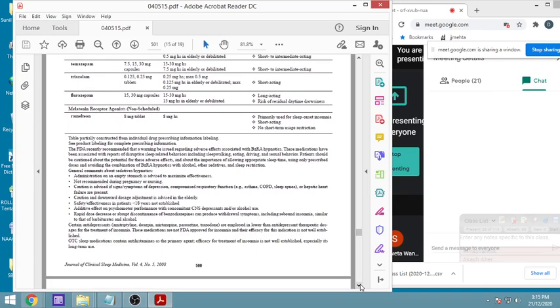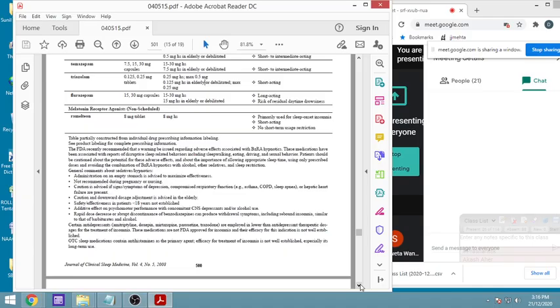Caution is advised if signs and symptoms of depression compromise respiratory function, like asthma, COPD, sleep apnea, or if hepatic or heart failure are present. Caution and downward dosage adjustment is advised in the elderly because of changes in their body fluid and their efficacy. Safety and effectiveness in patients less than 18 years is not established with these drugs, and therefore they should be used with caution. Care has to be taken, they should be observed, and then it should be given.